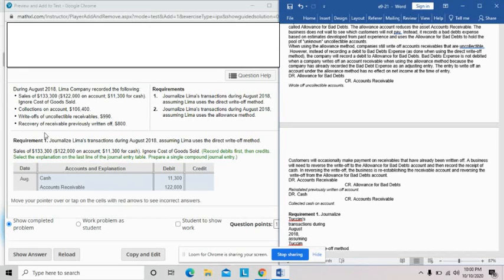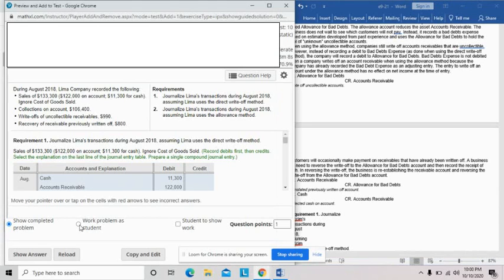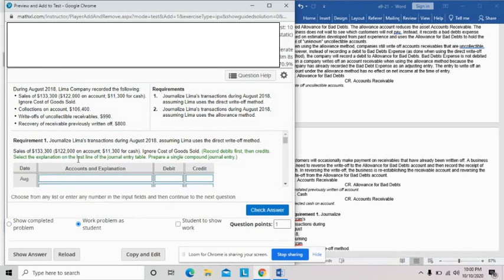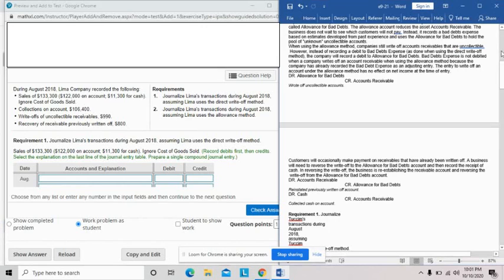So if we look here for requirement 1, we have the sales. We have sales of $133,300, $122,000 on account, $11,300 in cash. And as I said before, we ignore the cost of goods sold, recording debits first, then the credits, and the explanation.